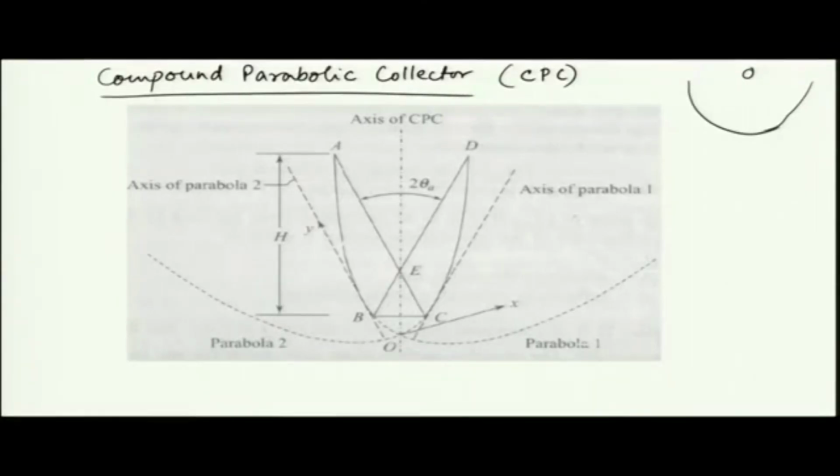So, this is for PTC, and we had a single parabola. But for CPC, we have more than one parabola, and you can see here that we have two parabolas, and they are actually making up the surface of reflection.